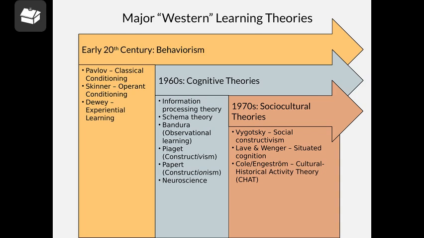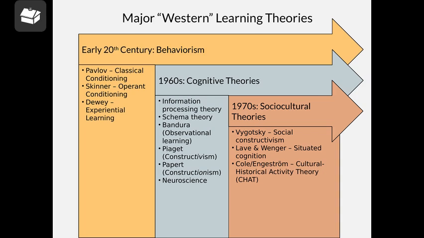There was this classical conditioning, and you could train animals to make associations between things. Skinner came along later and developed a more sophisticated version of that sort of conditioning called operant conditioning. So these are the classic behaviorist theories.